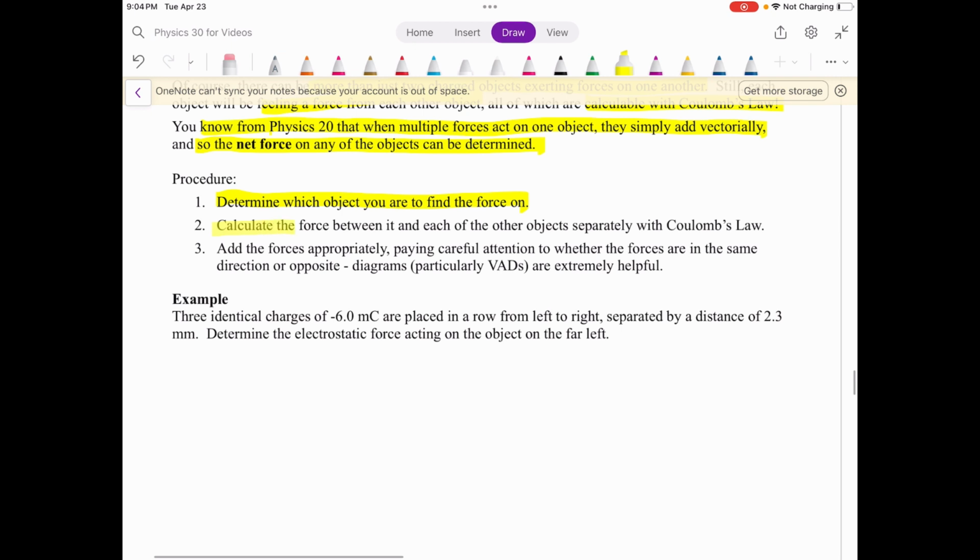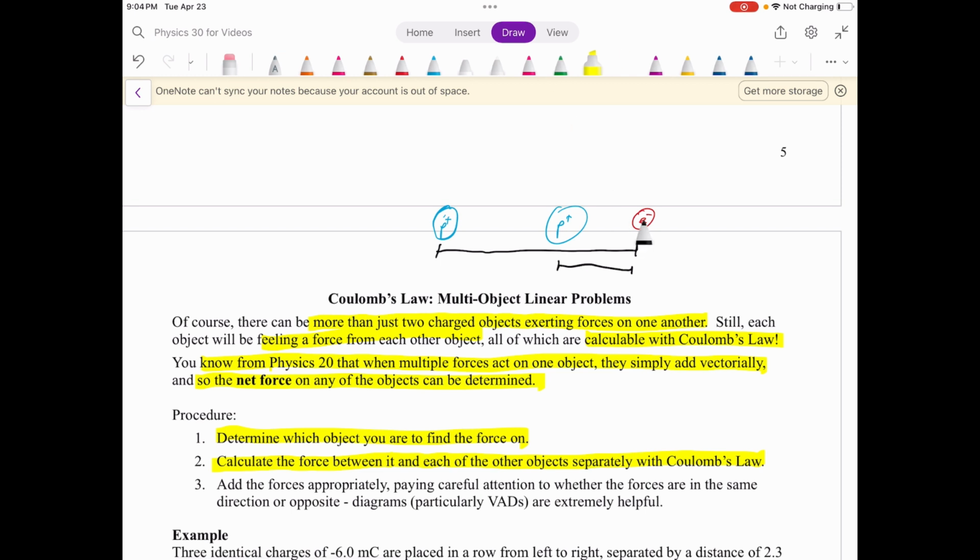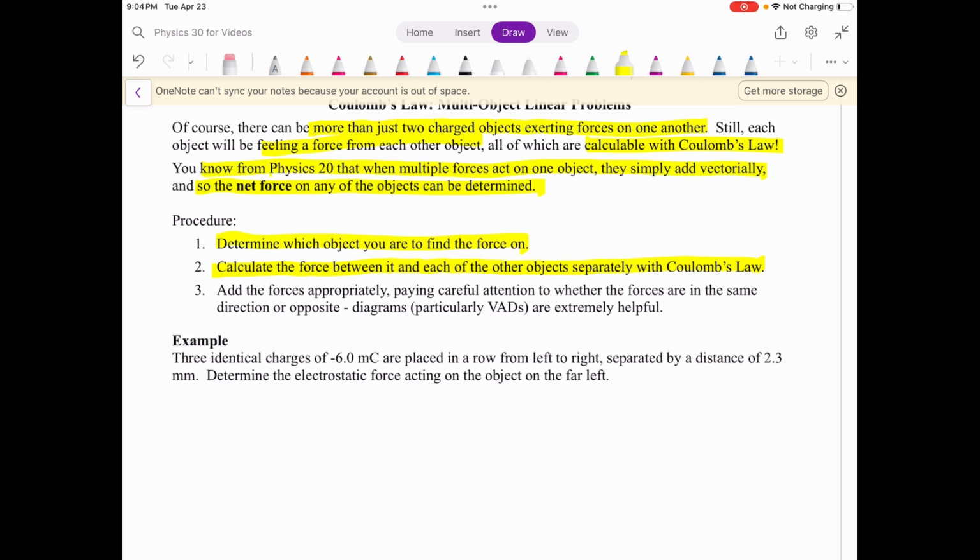Calculate the force between it and each of the other objects separately with Coulomb's law. So we could do kqq over r squared for these two, and then kqq over r squared for these two if we were trying to find the total force on this electron, because those are the two forces acting on it, the electrostatic force of attraction from this proton and from this proton.